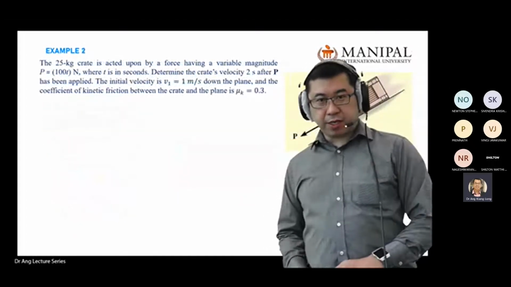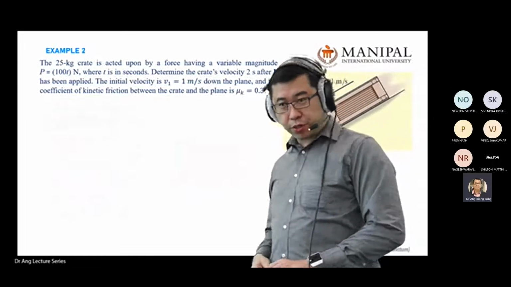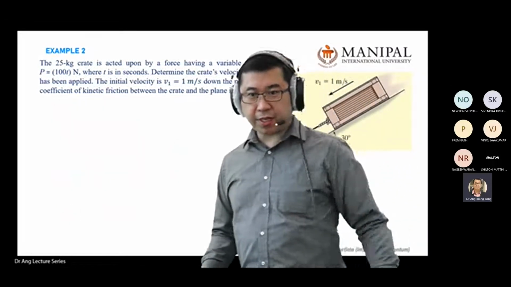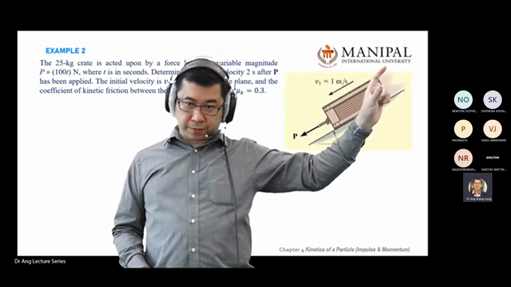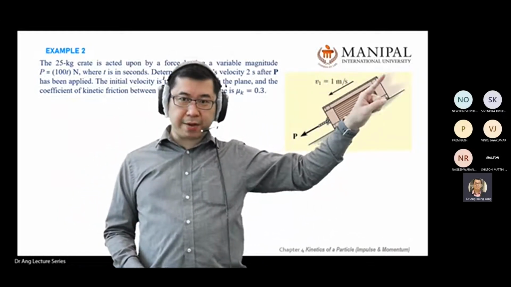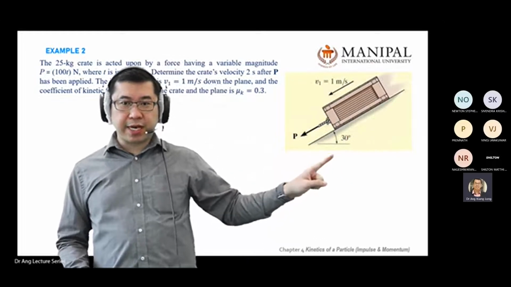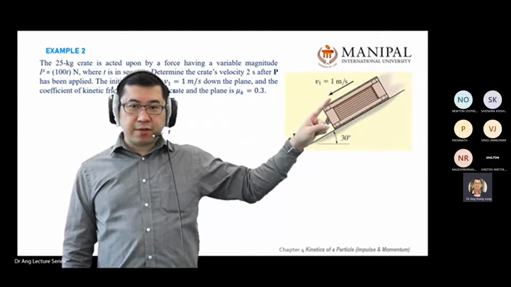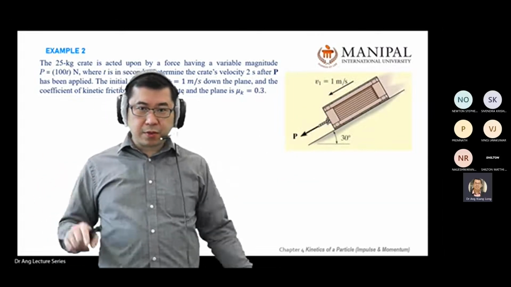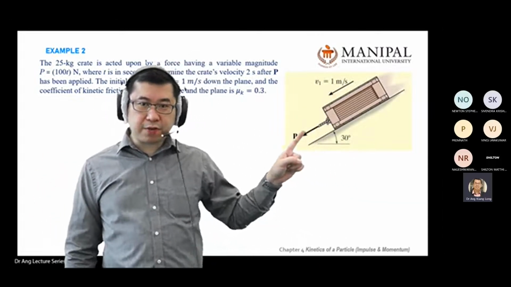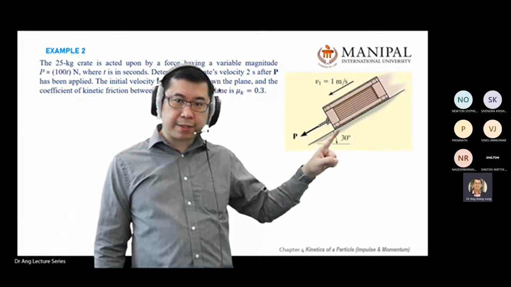All right. Let's look at your second tutorial question. You're given this diagram. An object is moving from high ground to low ground at a certain angle, with velocity 1 meter per second going down, with an external force of P pulling at this corner.